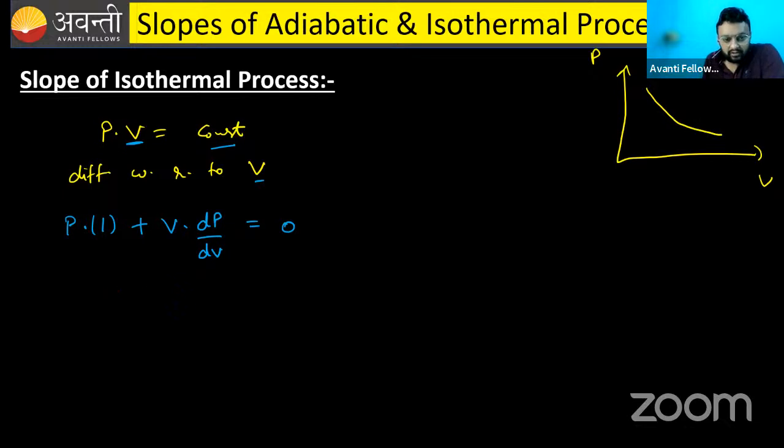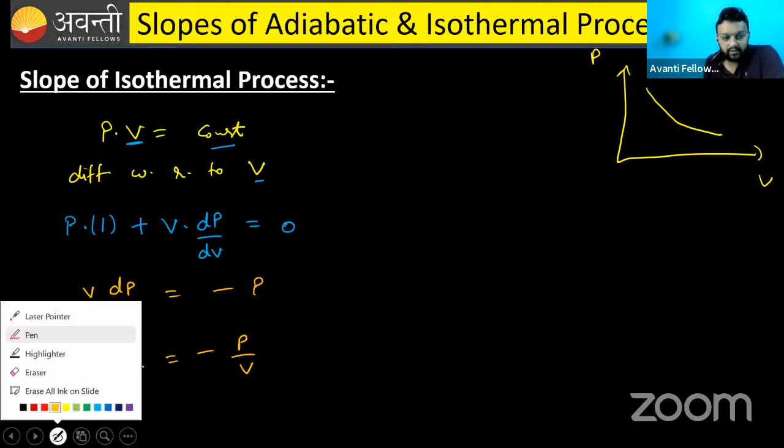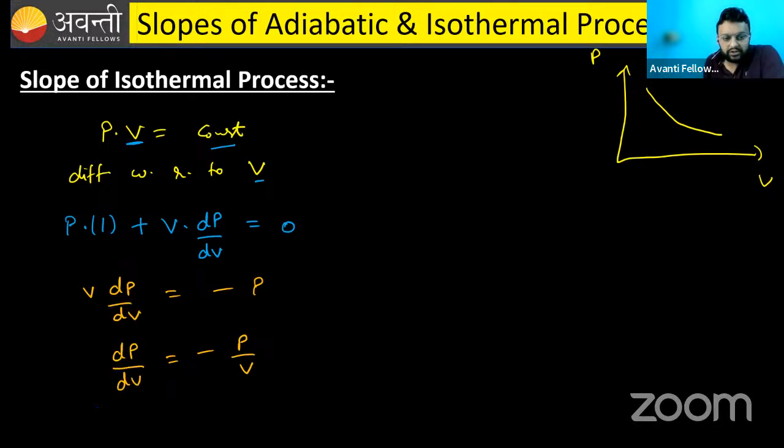Now, dp over dv, or you can say V dp over dv is equals to negative of P, or you will say dp over dv is what? Minus P over V. So now we have both the slopes. Slope of adiabatic and slope of isothermal process.